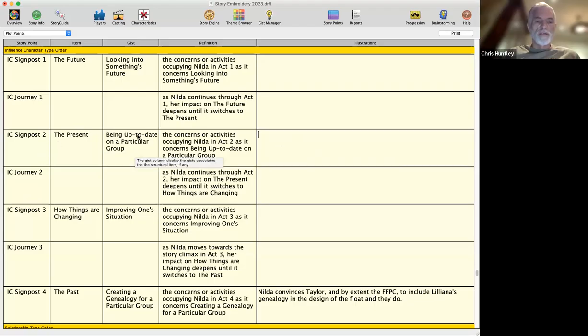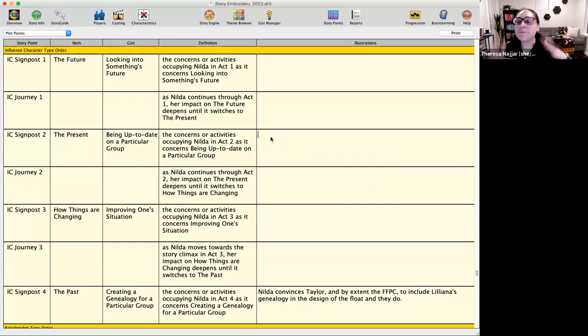Wait, we're talking about 2 or 3? Sorry, I'm blending everything together. Apologies. Signpost 2, being up to date on a particular group for influence character would be Nilda is working to collect information and be up to date on both of the two groups that her patient, Liliana, is interested in giving money to.